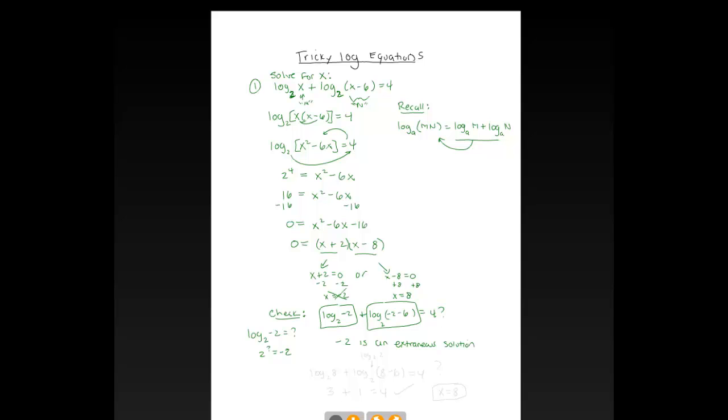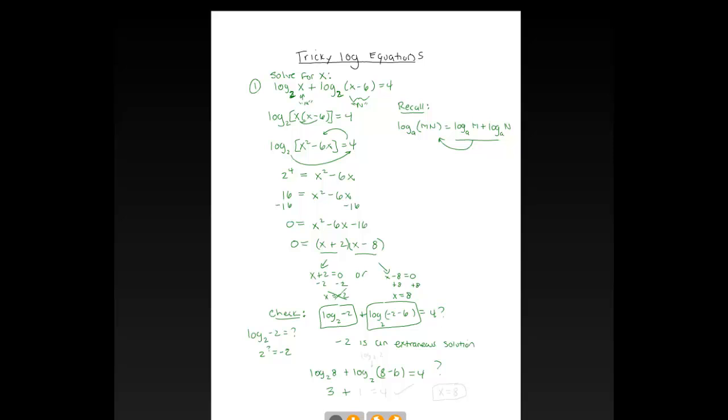But x equals 8 does work, I believe. So log base 2 of 8 plus log base 2 of 8 minus 6. Does that equal 4? Well, log base 2 of 8, that's the number you raise 2 to get 8. That's 3.